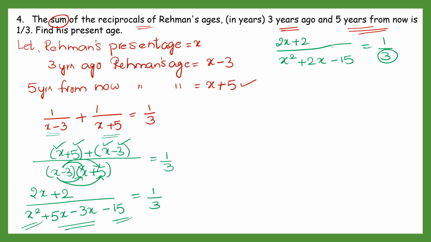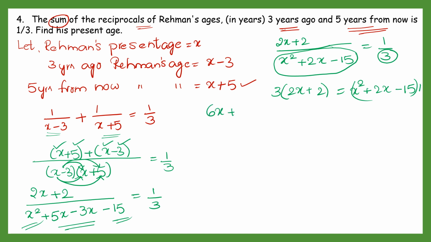If 3 comes to the left side, it will come to the numerator. So, 3 into 2x plus 2 is equal to this denominator x square plus 2x minus 15. It goes to the right side, it will come to the numerator. 1 you have. So, 1 into x square plus 2x minus 15. 3 2s are 6, so 6x plus 3 into 2, 3 2s are 6, is equal to 1 into anything, you will get the same number x square plus 2x minus 15.